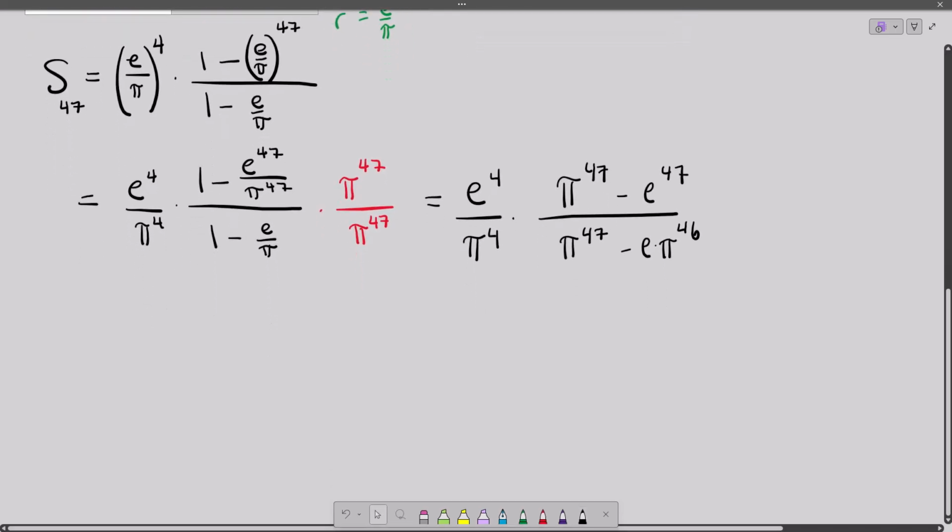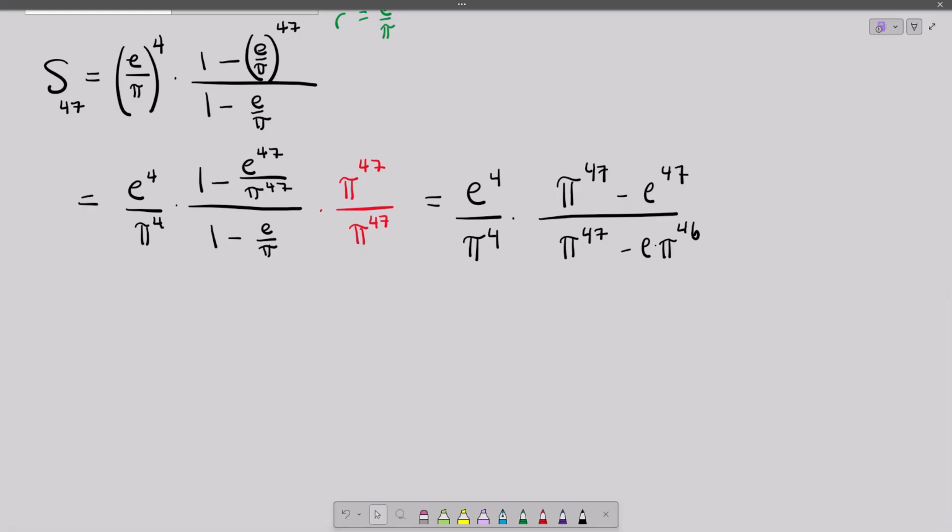Often, if we are going to factor something to the front as a multiplier, we want to factor the entire common factor out. There's no other common factor in the numerator, but in the denominator there's a common factor of pi to the 46. So the simplified answer would be to factor out that pi to the 46.